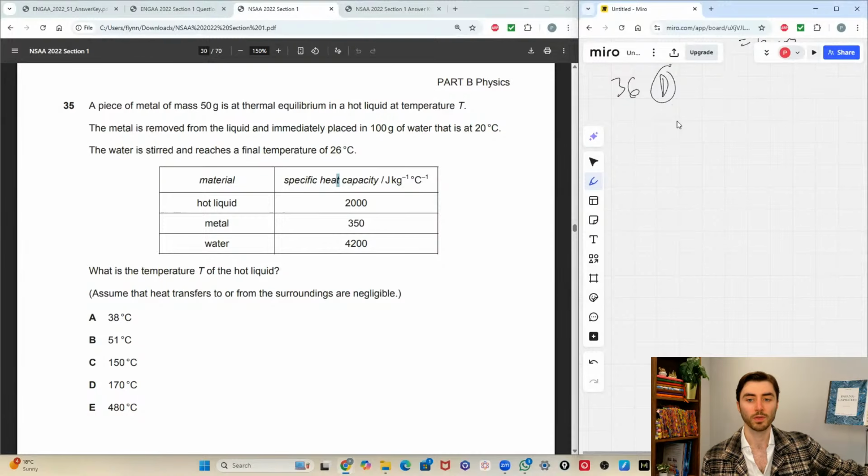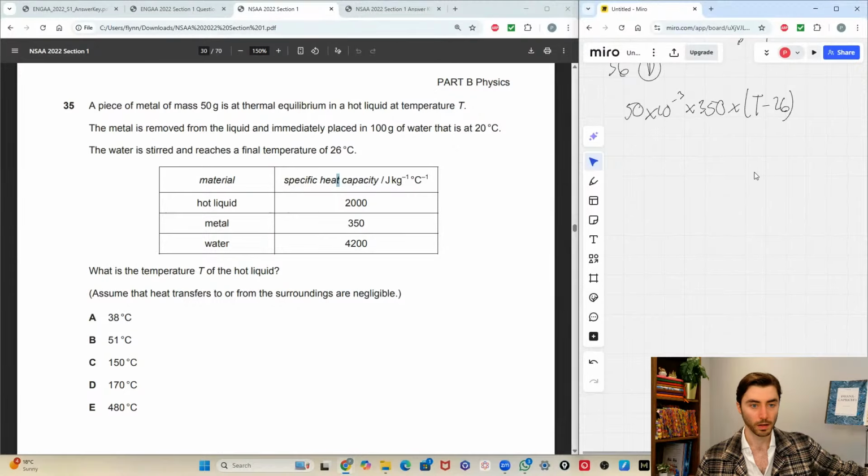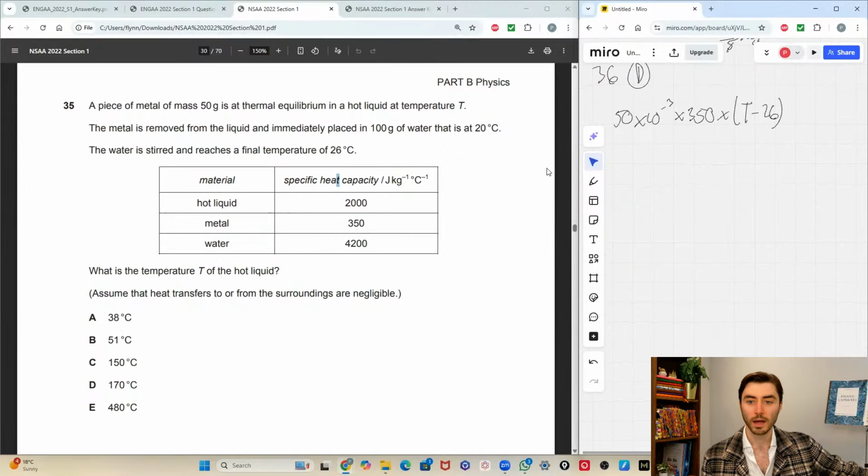Okay, so the energy lost by the metal is M C delta T. And that energy is equal to the energy gained by the water.